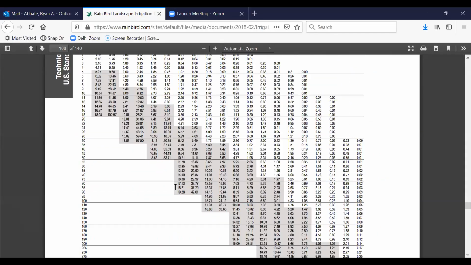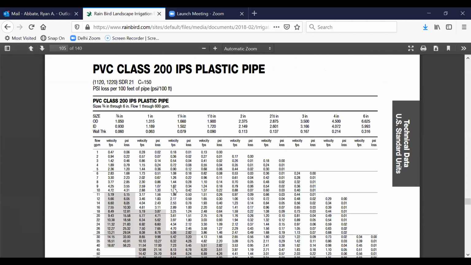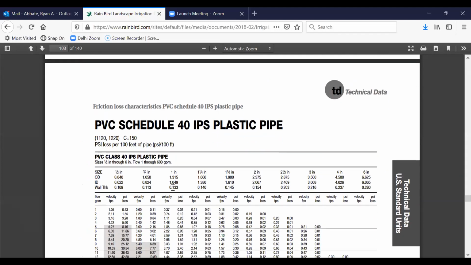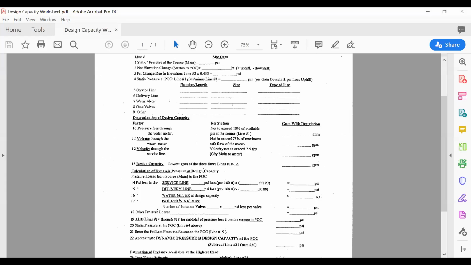We've got to go up to Schedule 40, so we should say Schedule 40 IPS. Here it is. It's a 1.25 inch line. We have 18 gallons per minute to work with. So kind of going over, you would have a pressure loss of 1.88 per 100 feet. So we're going to input that into our chart.